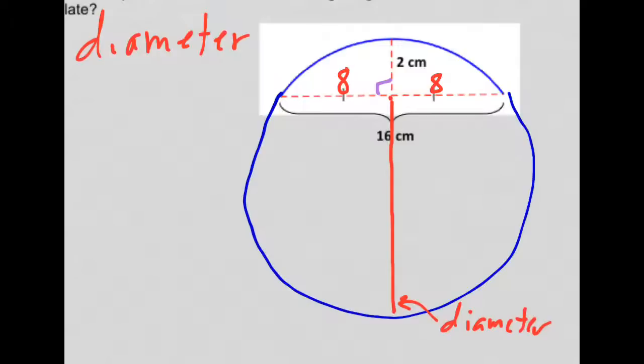Well, it wants to know what the length of my diameter is. The intersection here is in the middle, so the part times part applies.